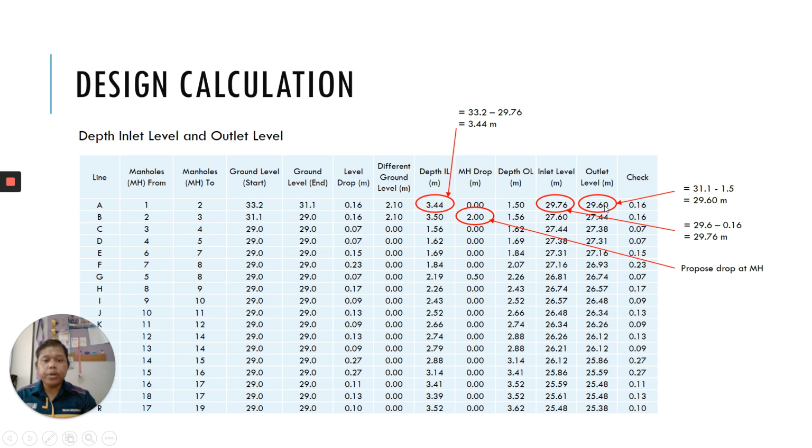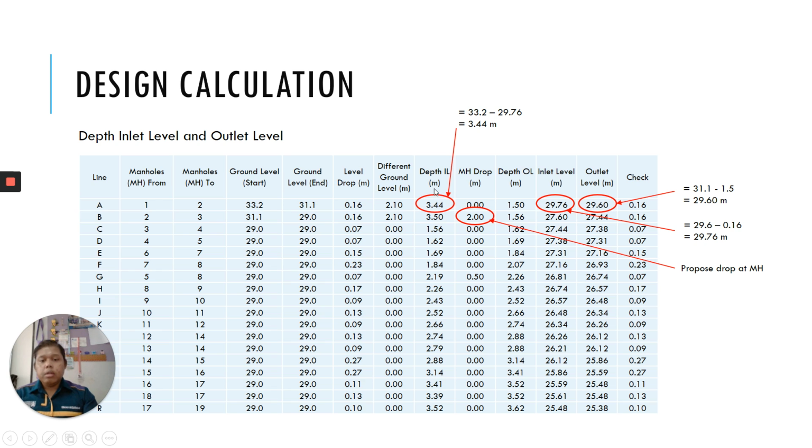Then we know the difference between the inlet level and outlet level, the drop, is about 0.16 meter. So to get 29.76, it is 29.6 plus 0.16, because at manhole 1 it is the higher level.